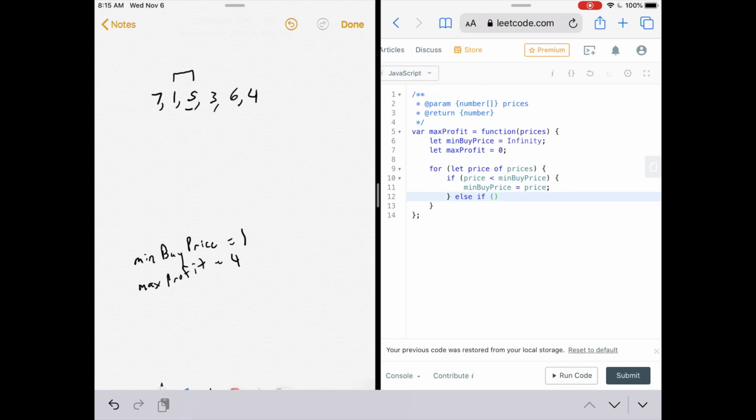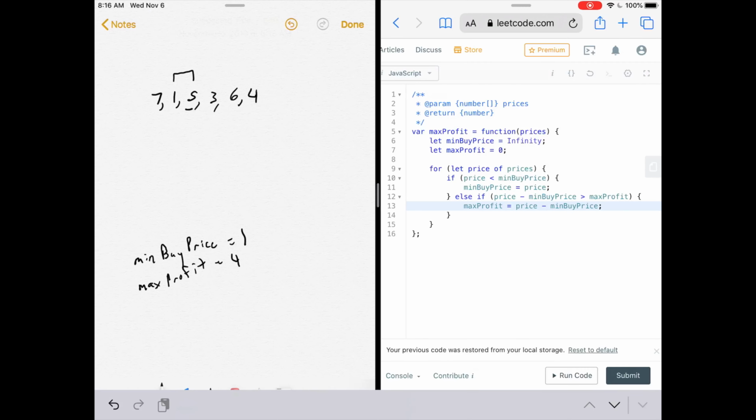Else, if our current price minus the minimum buy price is greater than our max profit. So if $5 minus $1 is greater than our profit, which was $0, then what do we do? We update our max profit to be that difference, price minus the minimum buy price.